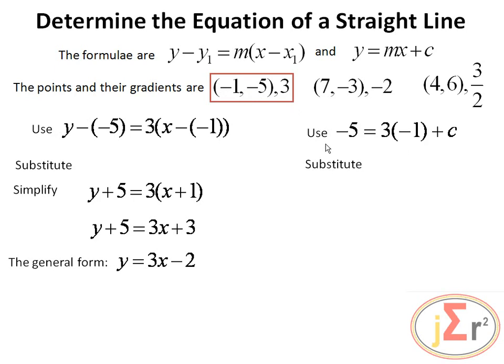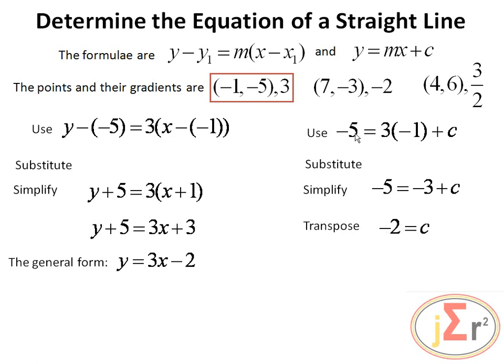So what about c? We're going to simplify now that we have substituted, and transpose. And of course, this is just a very simple equation that we can solve. c is going to be equal to -2.